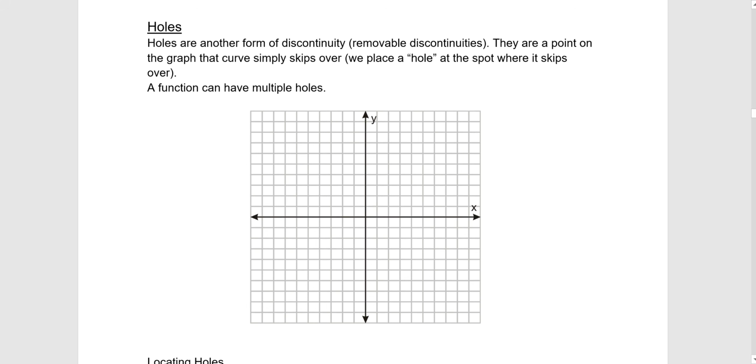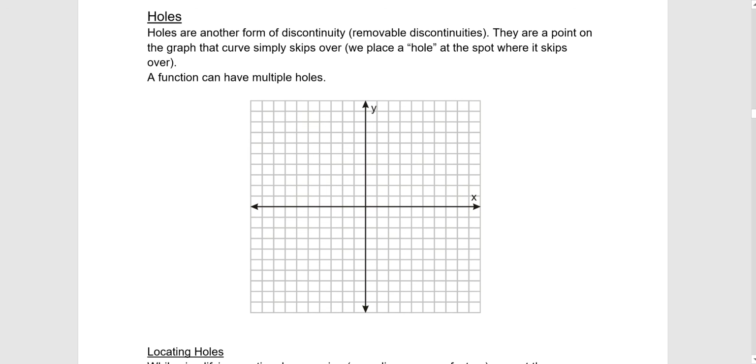We can call these removable discontinuities, and these are going to be points on the graph that the curve just skips right over. And when we graph it, we're going to place a hole at the spot where it skips over. We call this a removable discontinuity because of the way that we canceled common factors. We removed the factors, and that's how we end up finding the holes.